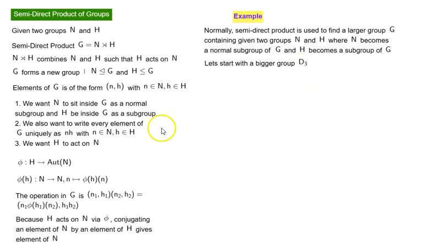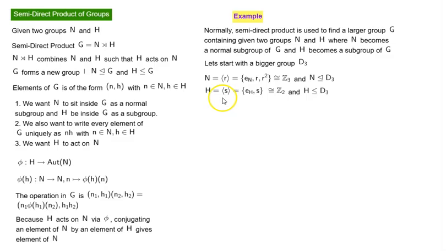So let's start with a bigger group D3. Now here let's take N, a normal subgroup generated by R. This would generate {e_N, R, R square}. And we know it is isomorphic to Z3. So we can say N is a normal subgroup of D3.